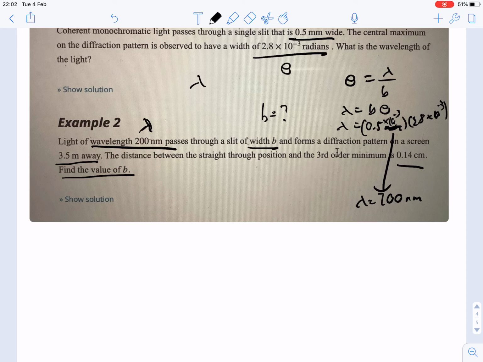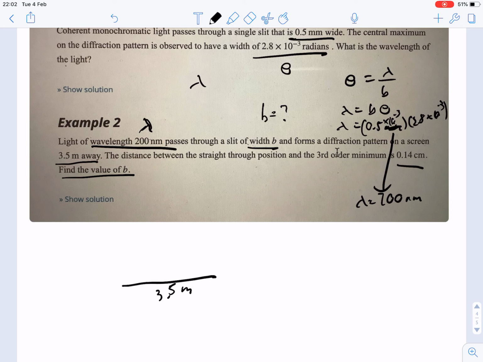So we've got lambda. We don't have our angle, so we need to find our angle first. It looks like we are probably going to have to use a tangent function. So, quick little diagram here.